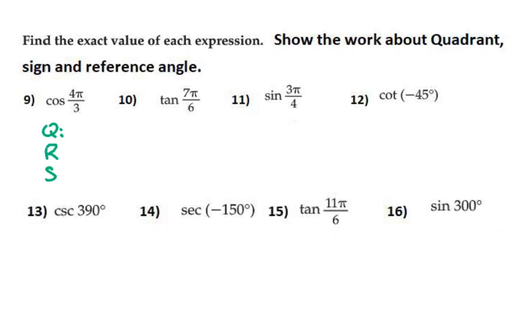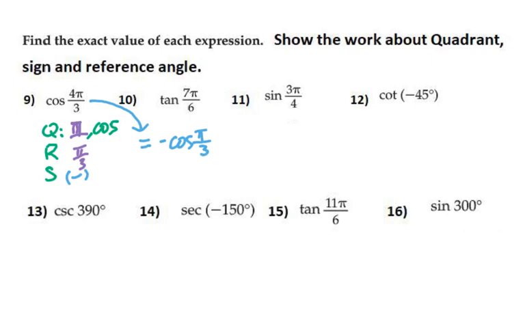Therefore, for 4 pi over 3, that's a third quadrant. Reference angle will be pi over 3. Since cosine in the third quadrant will be negative, I can write this equals negative cosine pi over 3.